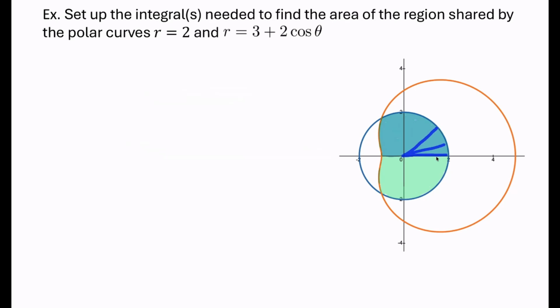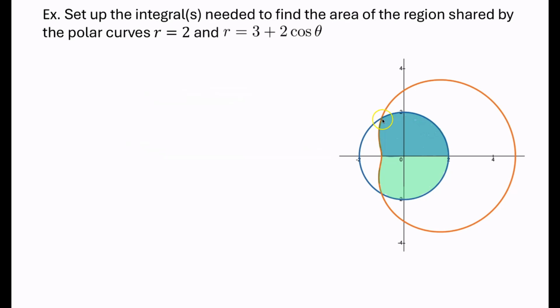So I start by really just hitting the circle r equals 2 all the way up until a point of intersection. So what we're going to need to do is find that point of intersection, because that's where I'm actually going to switch off. And as I continue to collect area using sectors, after that point of intersection, I'm going to be on the other function, the dimpled limacon.